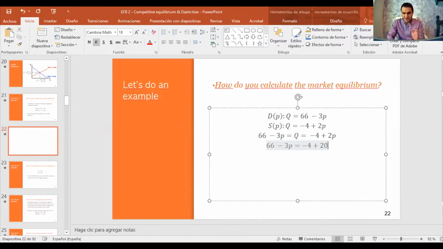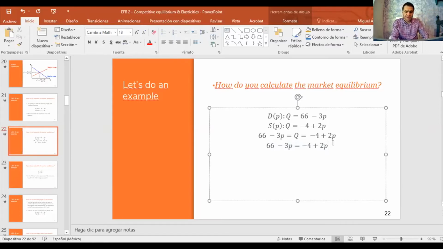I'm going very slowly and doing every single step so that you do not get lost in the process, which is actually really simple. It's like high school algebra, but maybe it's your first time seeing these types of things applied to an economic problem. So let's do it this way. To solve for P, what we need to do is pass P to one side of the equation and the other numbers to the other side.